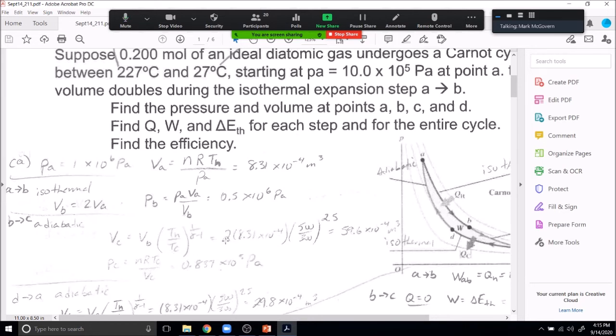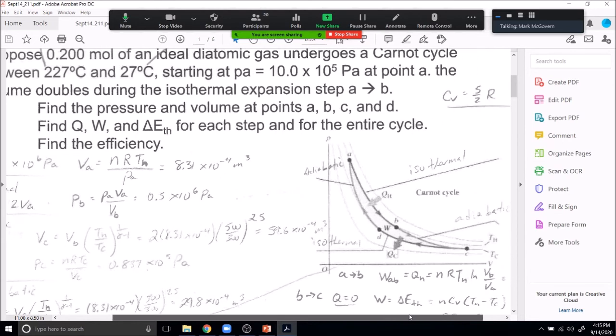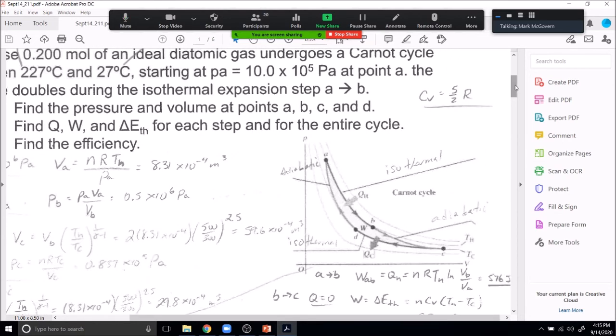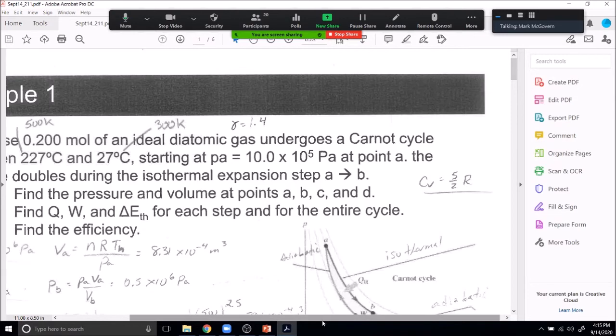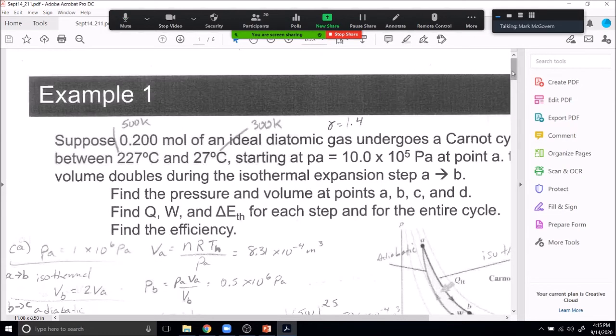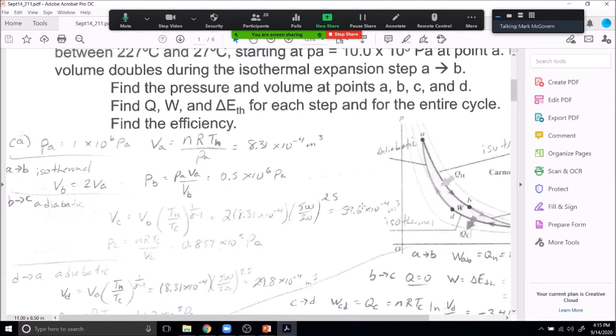I got my factor of 2 in here because we've doubled our volume. Put in my temperatures, and now my gamma value, because it's air, right? It's diatomic, and that's 1.4 for the gamma value. Okay. And so I put all that in and end up with a higher volume of, well, not much higher, but 59.6 times 10 to the 4.